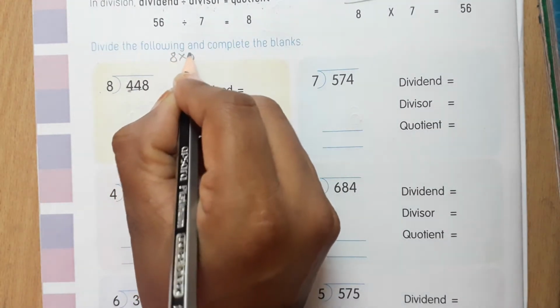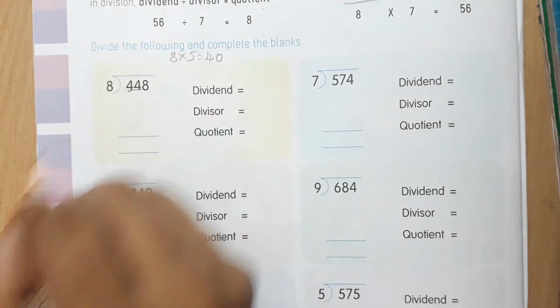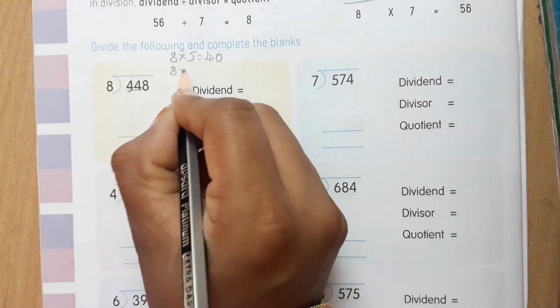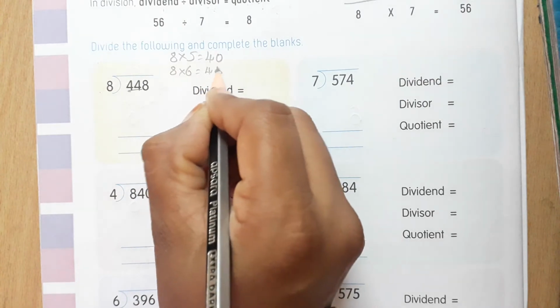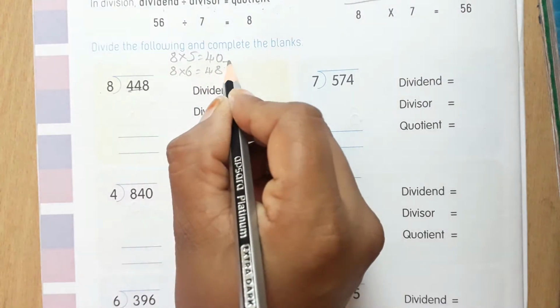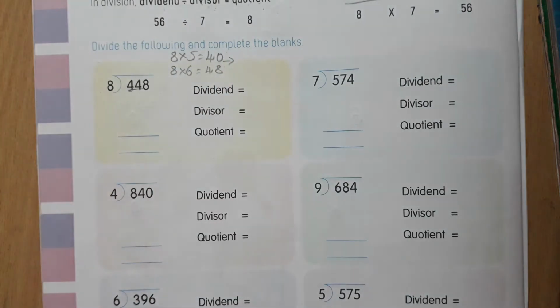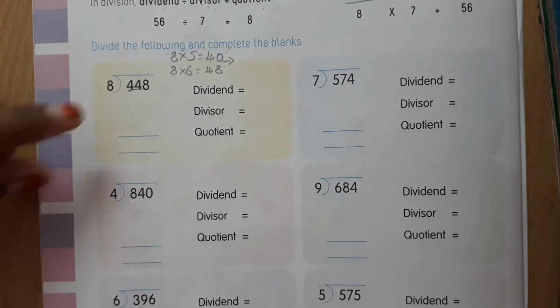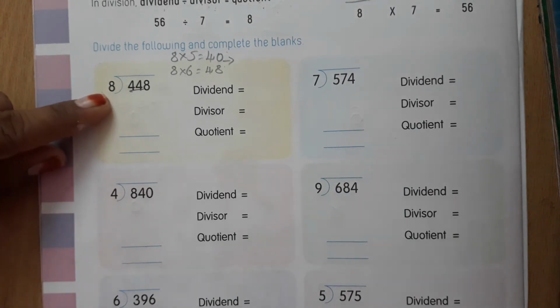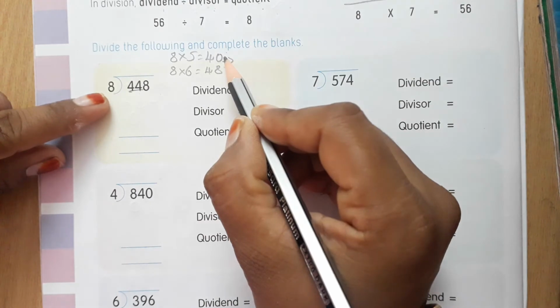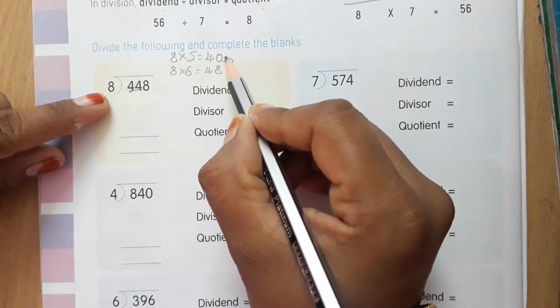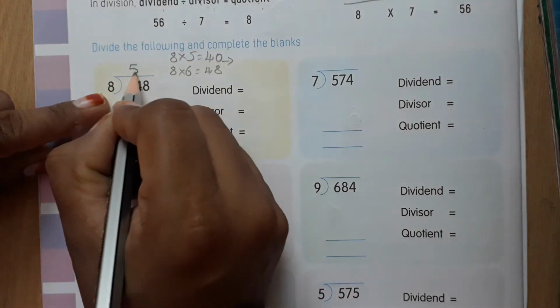But 8 5s are 40 is there, and 8 6s are 48. The number 44 lies between 40 and 48, and in division we have to do subtraction. That's why always choose the lesser number. So how many times? 5 times.